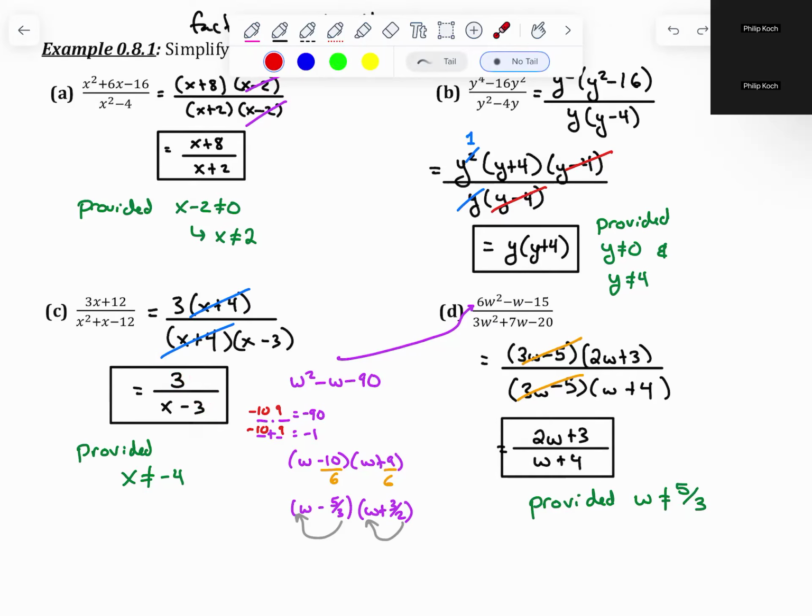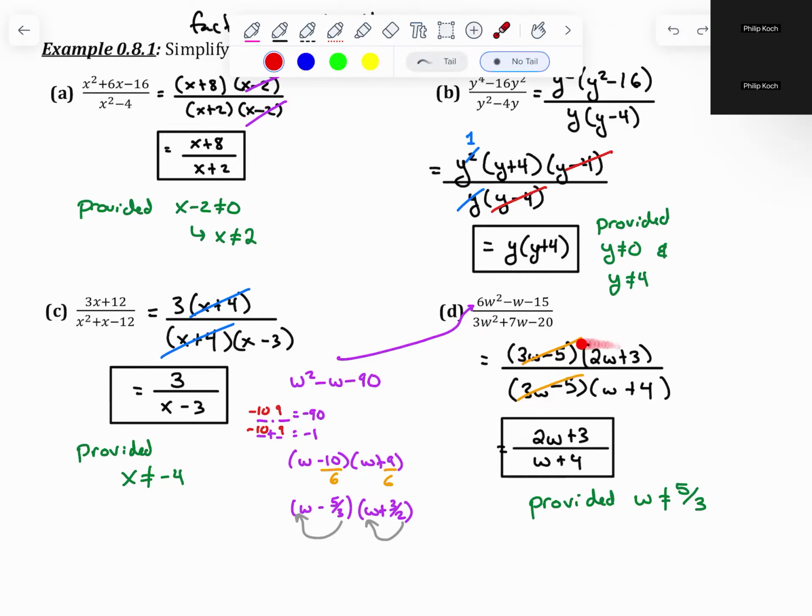And then the last one, I did the bottoms up method for the numerator. And then I tried to do guess and check for the denominator because I was hoping that something would cancel. I know that it's a 3w squared, so there's got to be a 3w and a w, otherwise I can't make a 3w squared. And so I need to figure out two numbers that multiply to -20.